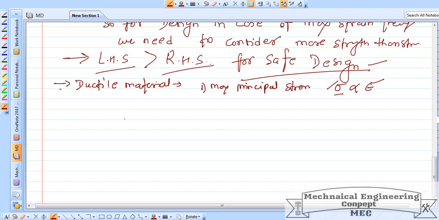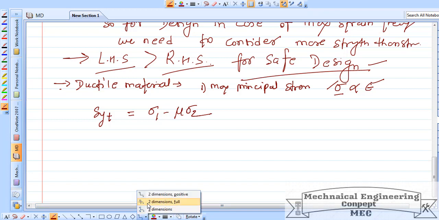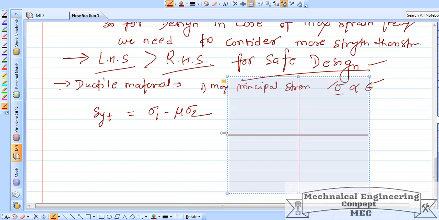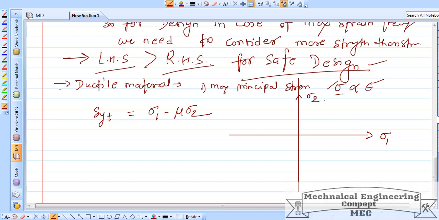Okay, now the major part, SYT is equal to sigma 1 minus mu times sigma 2. This is the theory. So for that we need to plot, suppose this is the sigma 1 axis and this is sigma 2.